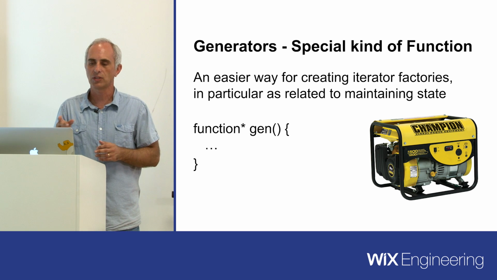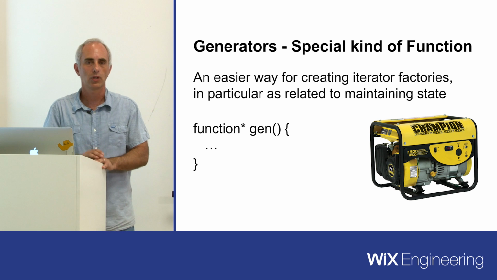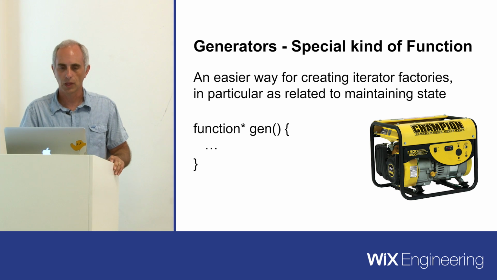And that specifies that gen in this case is not a regular JavaScript function, rather it's a generator. And as we will see in a minute, using generators to create iterators, to loop over collections, is much, much easier than writing the code manually by hand.